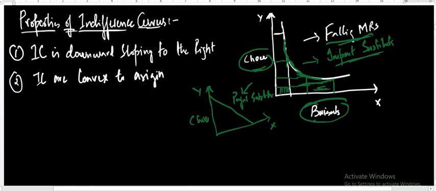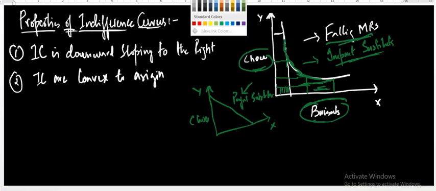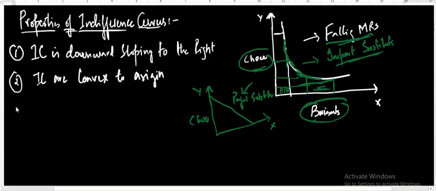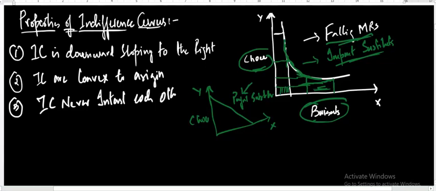Now let me talk about the third property. The third property says that indifference curves never intersect each other. Let me explain this.